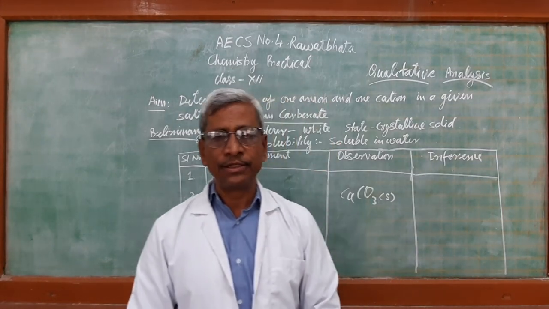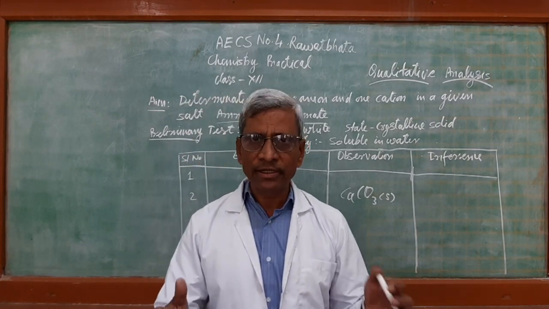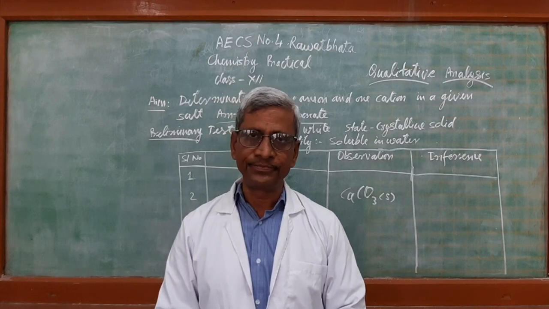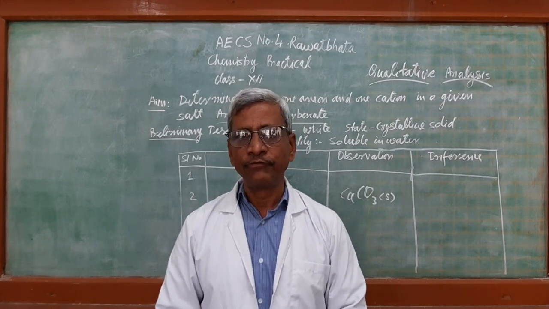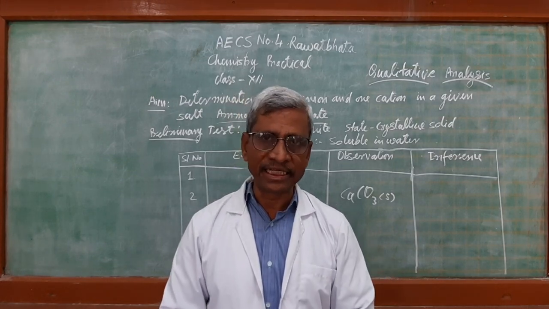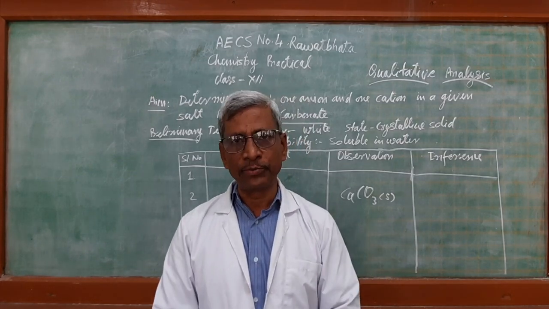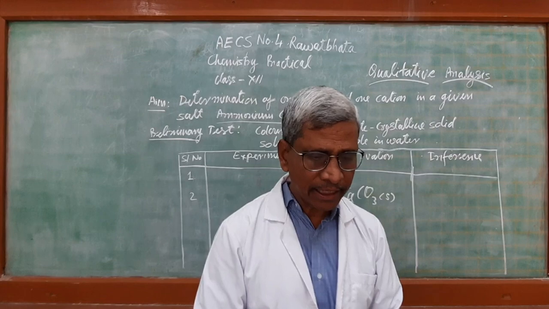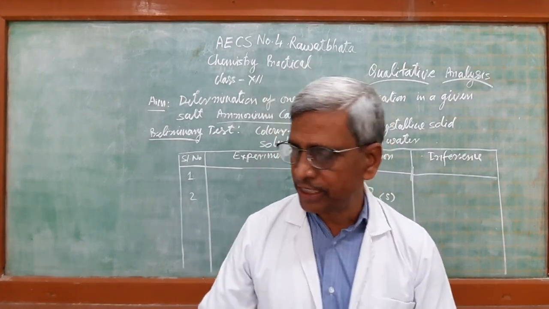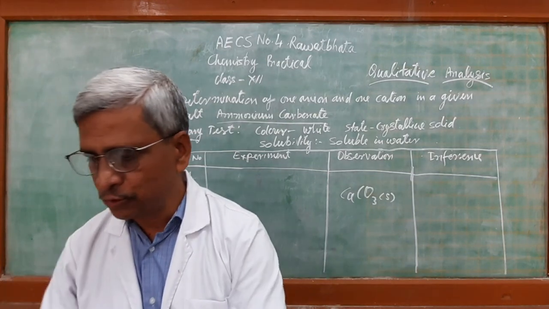Now we have to confirm. Up to some extent we are sure that carbonate is present in the salt. Then how to confirm? First a group test, then we show its presence, and finally a confirmation test. The confirmation test is called the magnesium sulfate test.